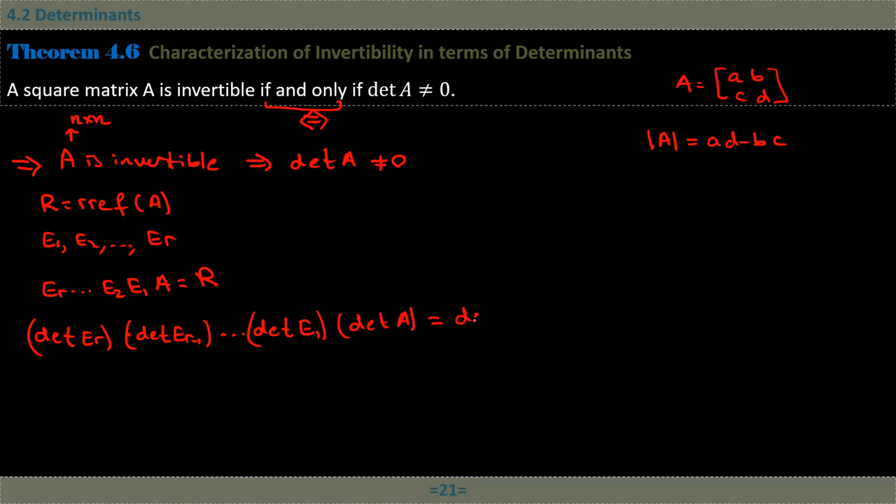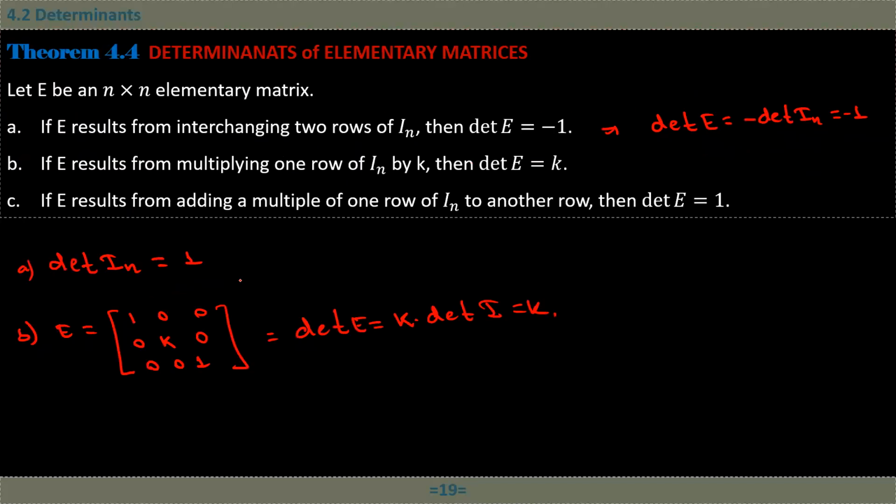On the right-hand side, we have determinant of R. So now we know that these are all elementary matrices, right? And also, if you remember this theorem, the determinant of an elementary matrix is either equal to -1 or k or 1.